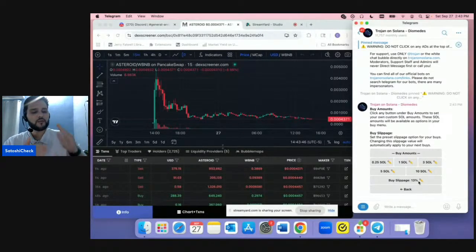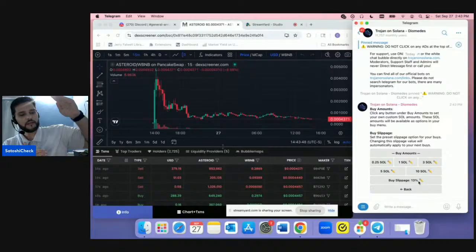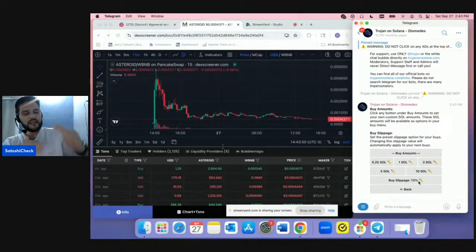Because this is why: if that token pumps as you're selling it, the bot is so fast you will literally catch the upside of that pump. So you may be selling it at a 30% gain or say a 200% gain, and it goes up by 20%. You will end up with a 215% gain because your slippage is within 15%.